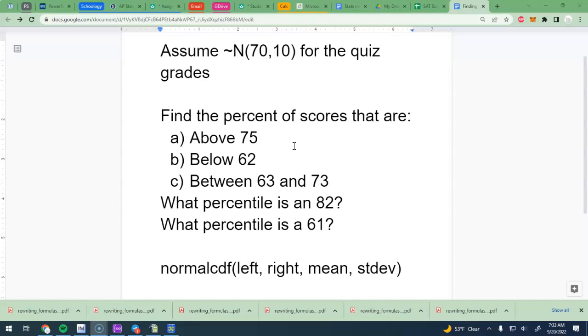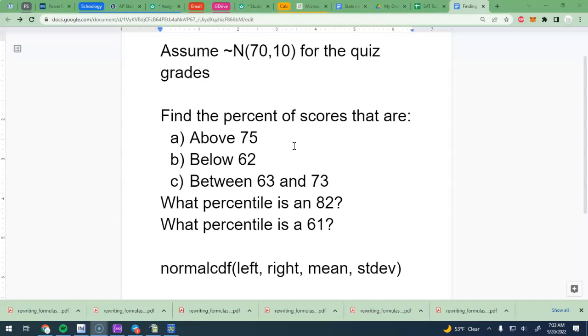So we're going to use normal CDF. Before I get into that, way over here, like infinitely to the left, I'm going to call that -99999. You can't put too many nines.